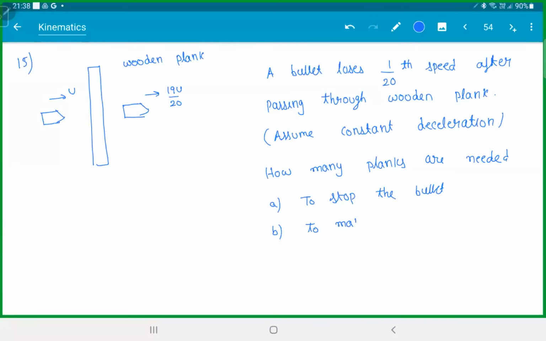If you want the bullet's speed to become u by 2, how many planks do you need?